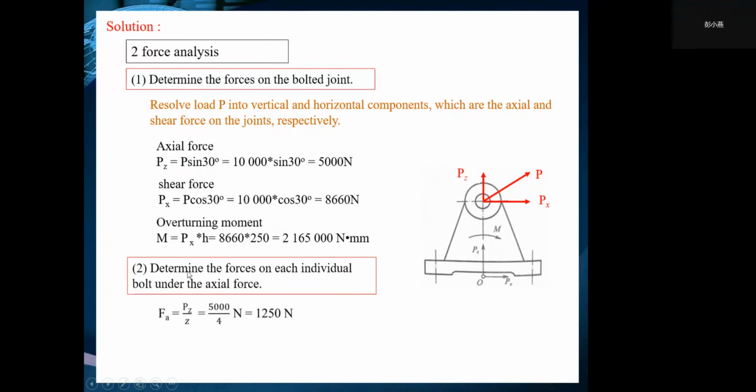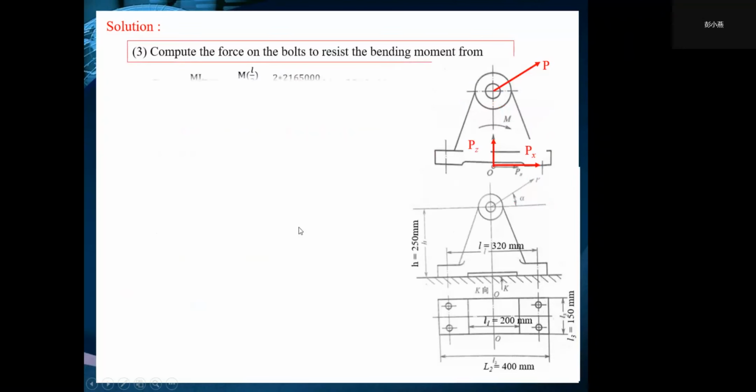And then determine the force on each individual bolt under the axial force. There are 4 bolts, so the distribution on each bolt is the total axial force divided by the number of the bolts. So it's 5,000 divided by 4. There are 4 bolts.